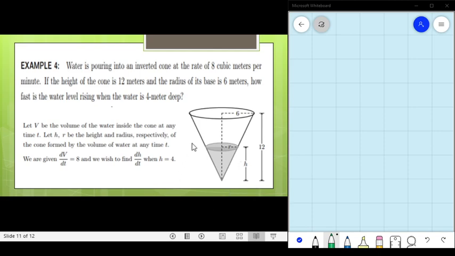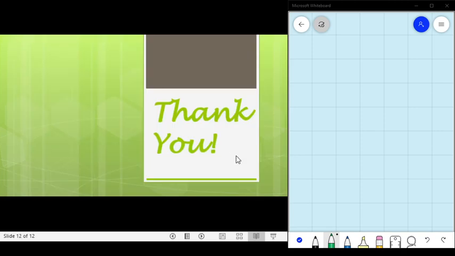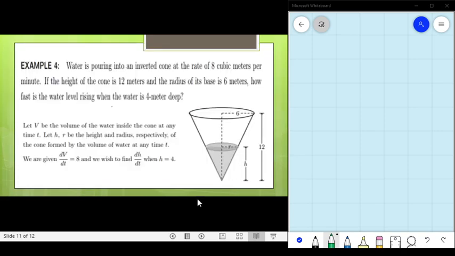So let us determine which formula we will use. Notice that it is the volume of the cone. Let V be the volume of the water inside the cone at any time t, and let h be the height and r be the radius respectively of the cone formed by the volume of water at any time t.